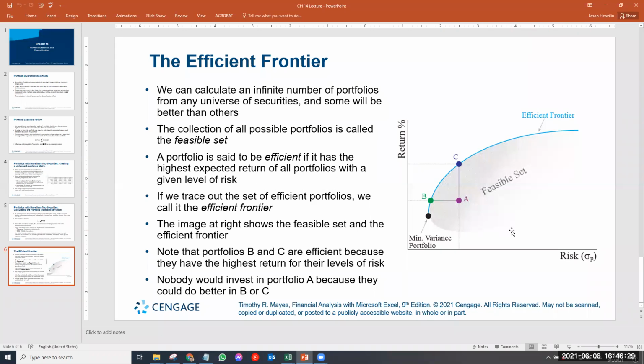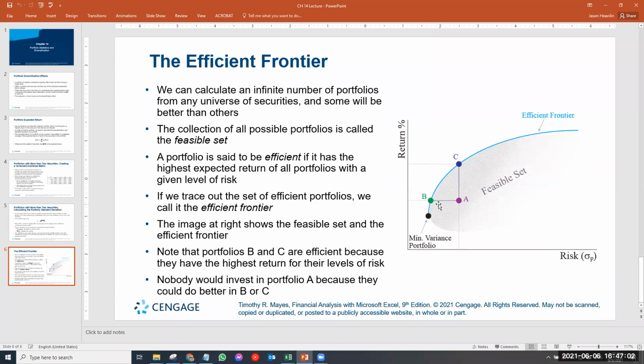For example, let's compare portfolio A with portfolios B and C. You see, portfolio A is giving you the same level of returns as portfolio B, so the same percentage, let's say 5%. If portfolio B is giving you 5% and portfolio A is also giving you 5%, portfolio B is superior because it's over here on the left, meaning a lower amount of risk.